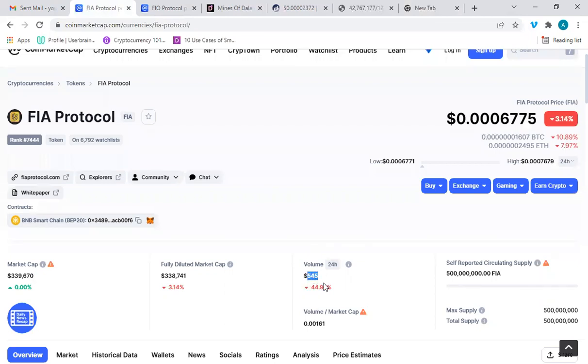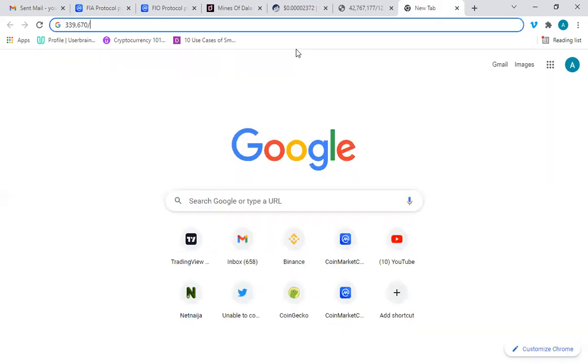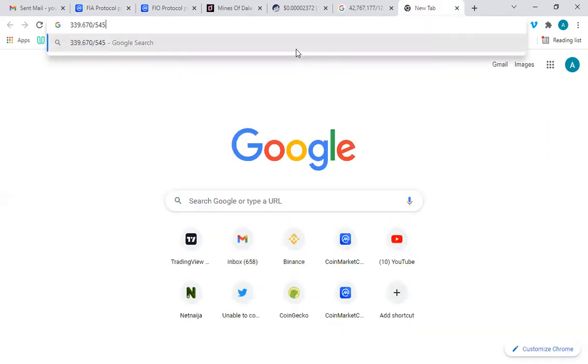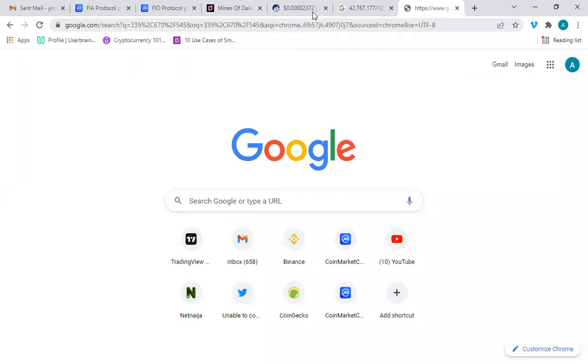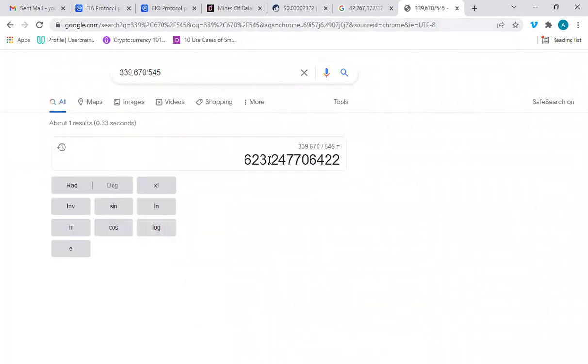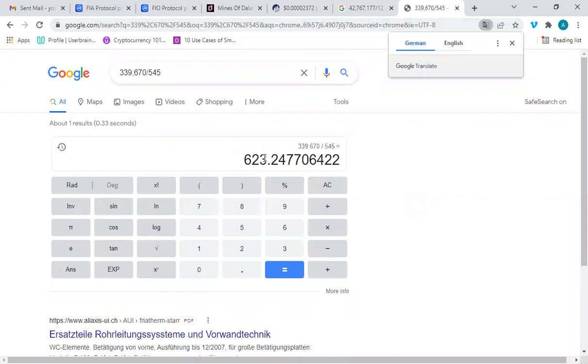Please, if you put these things I'm teaching you tonight into practice, it will go a long way for you. Now, see something. The NVT ratio for this one is 623, while the second one I calculated is 3.3.